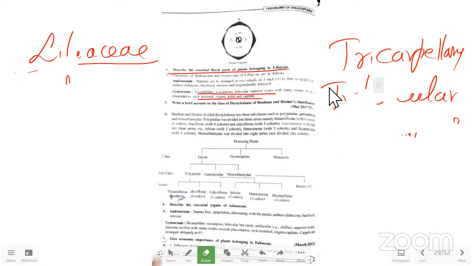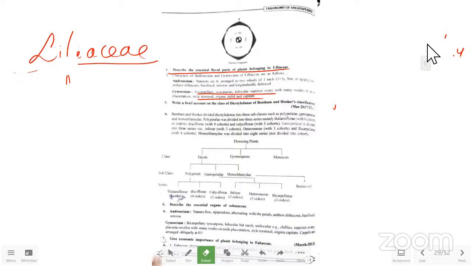Even then, we need to draw the diagram, because there we can show the anthers, the stamens, the carpels, and the ovule placentation. So we have to draw the diagram. The first one is the androecium. How to draw this? We can draw the outlines of a flower of the Liliaceae family.